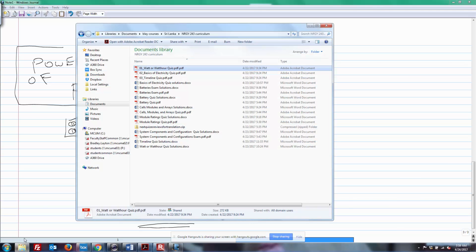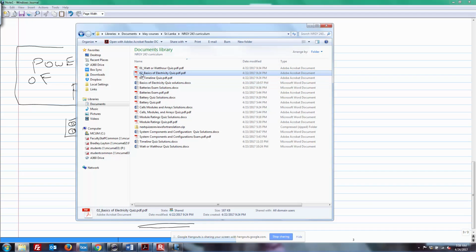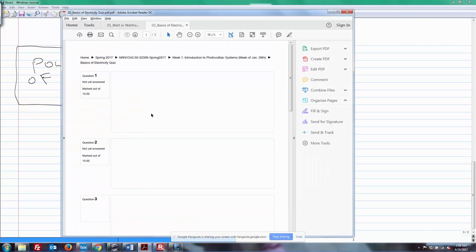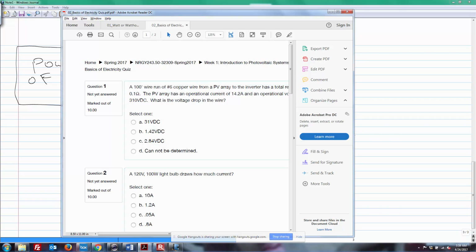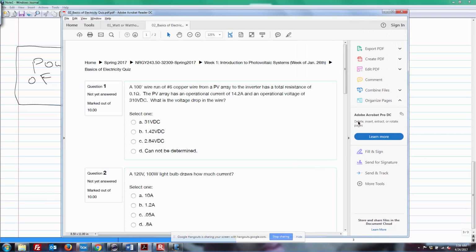Okay, so let's go on to the next quiz. Basics of electricity. Let me make this a little bit larger so you can see. 100 feet of number 6 copper wire from a PV array to an inverter has a total resistance of 1 ohm.